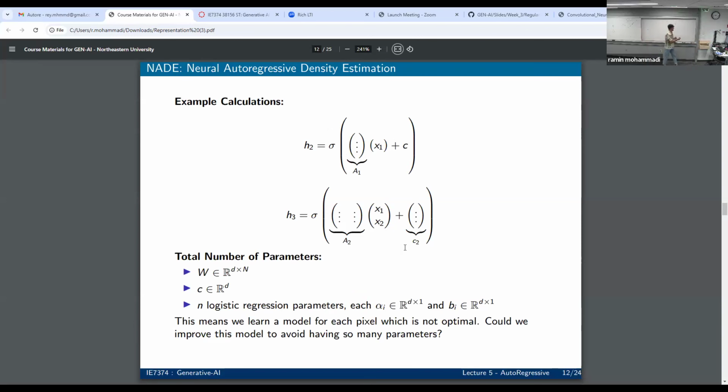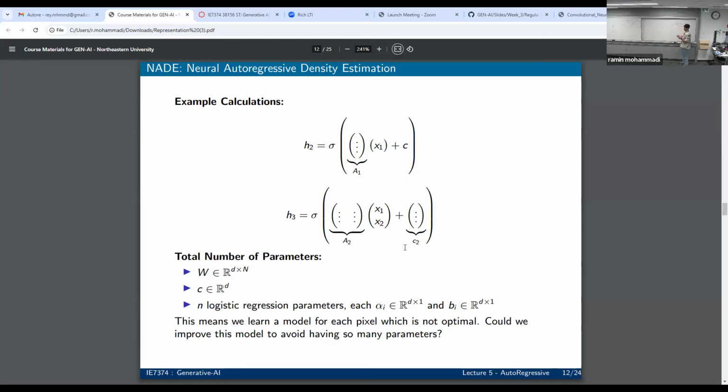So there is a matrix, there's a vector called A1 here, and there is an X1, and there is a C, okay? I want you to understand the dimensions here, because we want to connect this to those blue lines that you saw in the image. So what we are saying is that the dimension of A, basically A1, is going to be D by 1, okay? And X is your input. It has a dimension of 1 by 1, right? So X1 is 1 by 1.